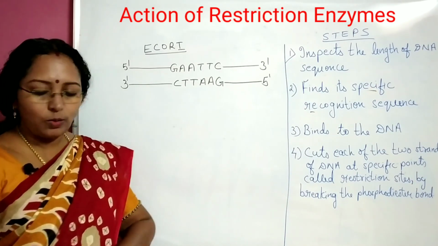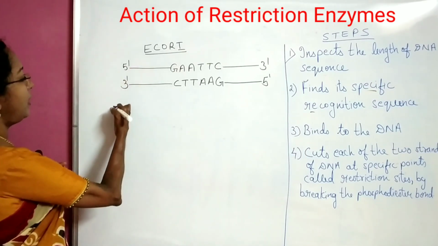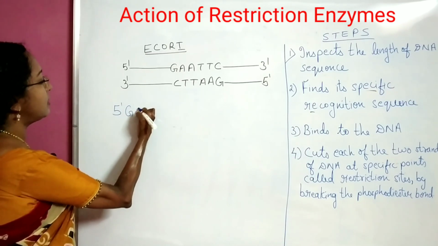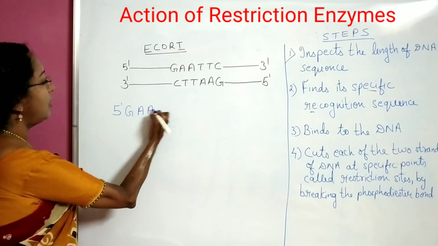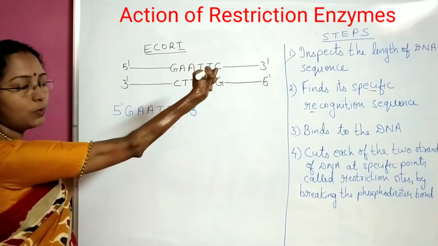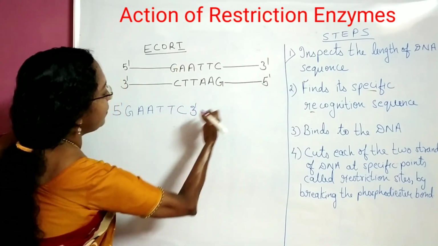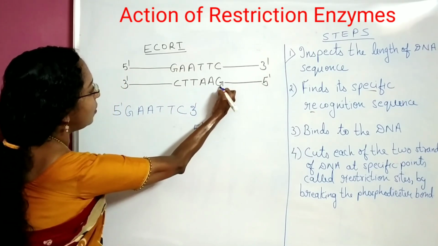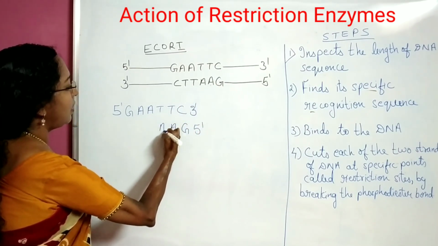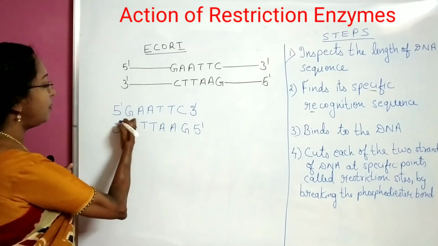Now look at this recognition sequence very carefully. From the 5 prime end, if I put the recognition sequence alone, you can read it as GAATTC. And again the other strand, if I write from the 5 prime end, it is also written as GAATTC 3 prime.